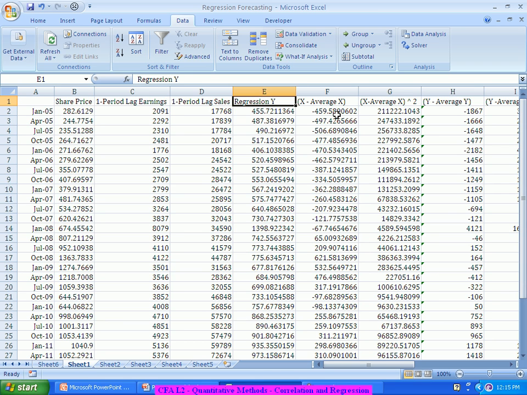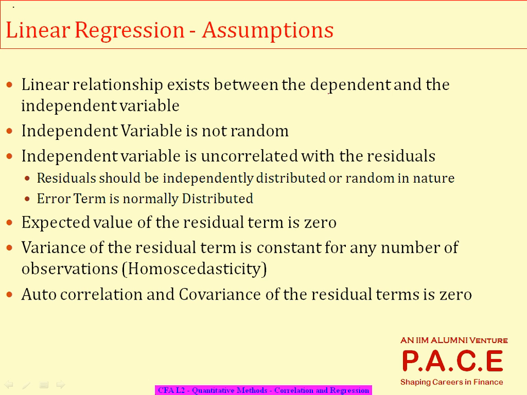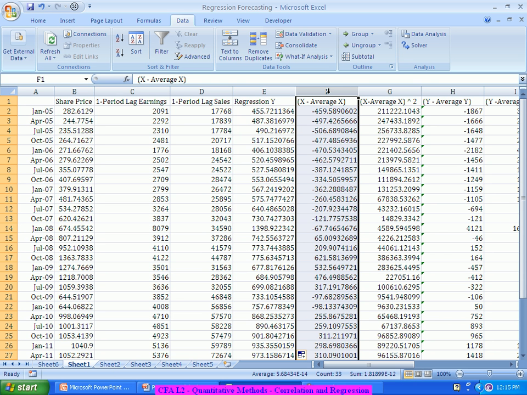Now here I'll try to find out the residual. Residual is nothing but your regression y minus your original y. The assumption which linear regression makes is that the independent variable is uncorrelated with the residuals. The independent variable is the C column. It should be uncorrelated with the residual.